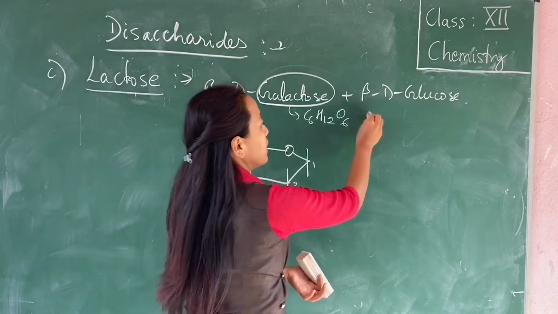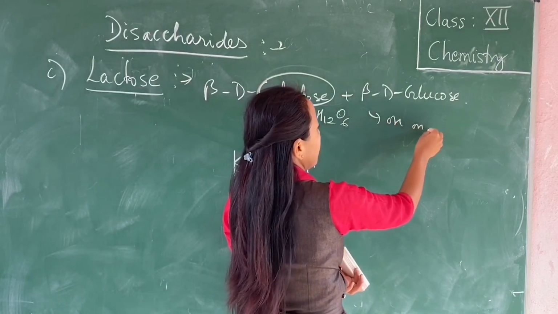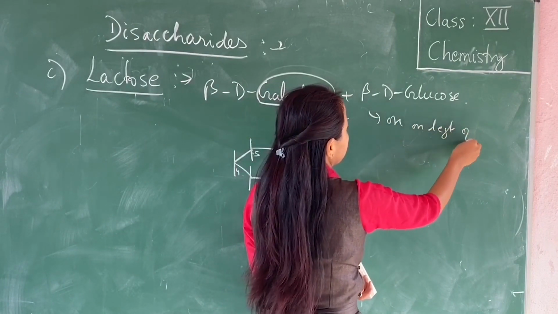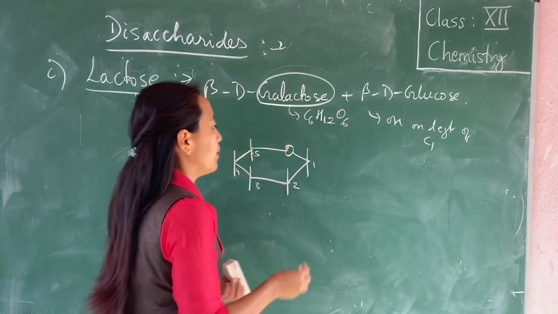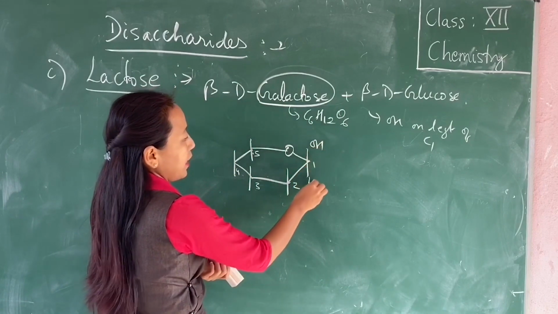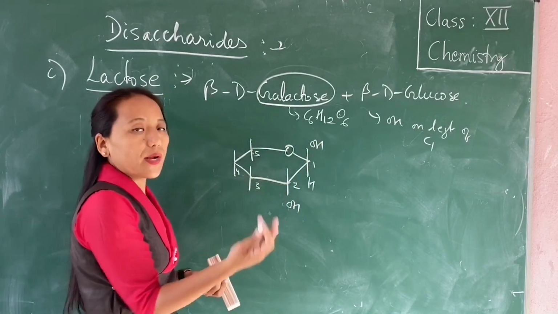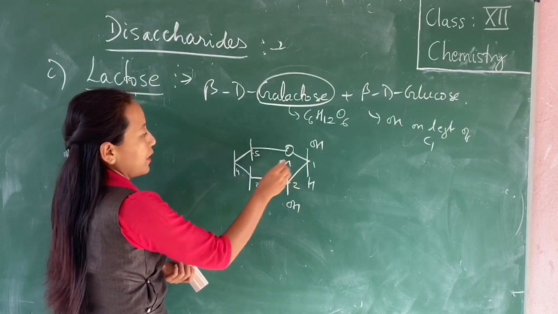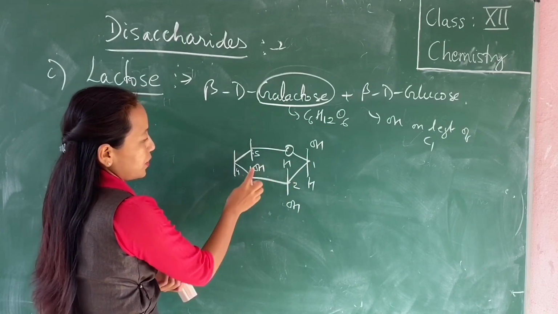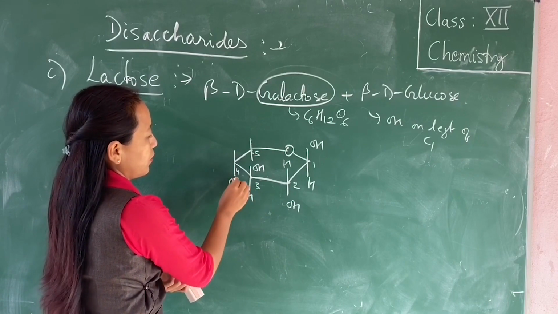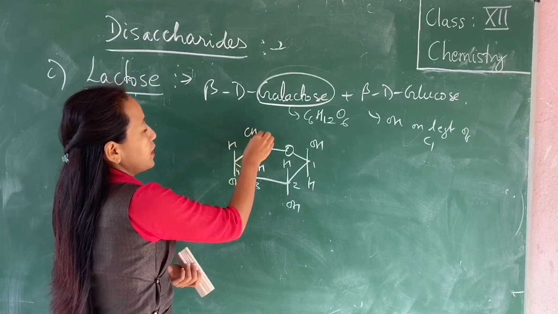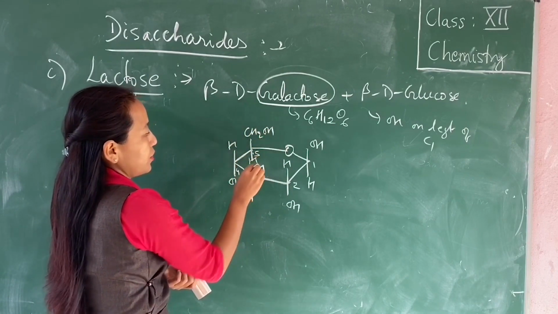Beta means OH on left of first carbon atom, C1. Therefore OH on the top and then hydrogen at the bottom. On the second, OH is on the right, therefore at the bottom, and then hydrogen. On the third, OH is on the top and then hydrogen, OH, H, CH2OH, and then hydrogen atom.